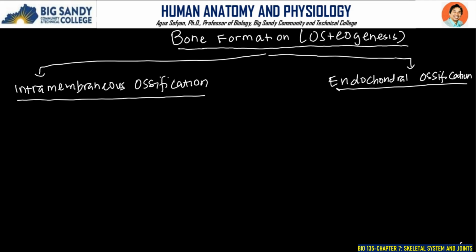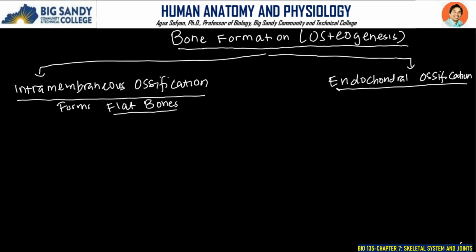Okay, intramembranous ossification will form flat bones. So flat bone is made by the intramembranous ossification process. Flat bones include our skull.